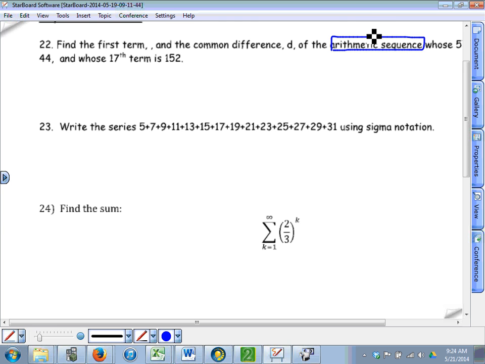Arithmetic sequences are patterned using a y equals mx plus b type formula. Arithmetic means that it's linear. Knowing that would help us figure this out. If the fifth term is 44, yep. If you remember, we did a problem like this.